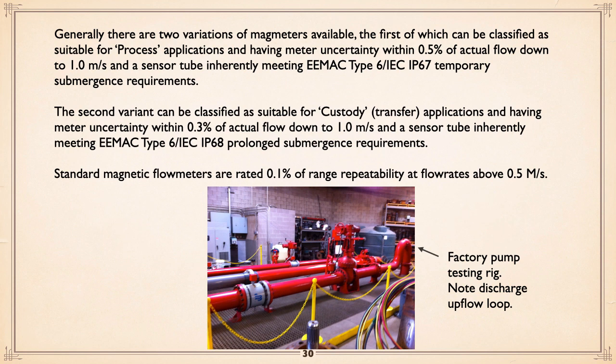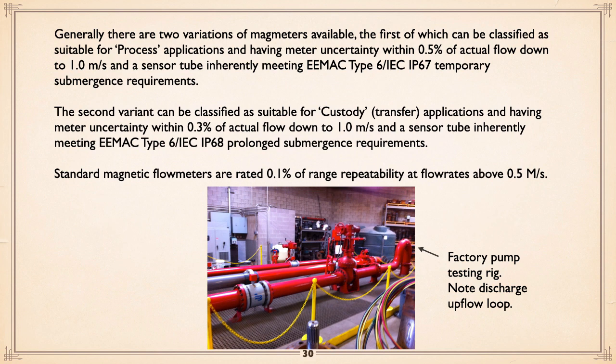Now, there generally are 2 variations of mag meter available from manufacturers. The first can be classified as suitable for process, having meter uncertainty, accuracy, within 0.5% of actual flow down to 1 meter per second. And the sensor tube inherently meets NEMA type 6 or IEC IP67 temporary submergence.